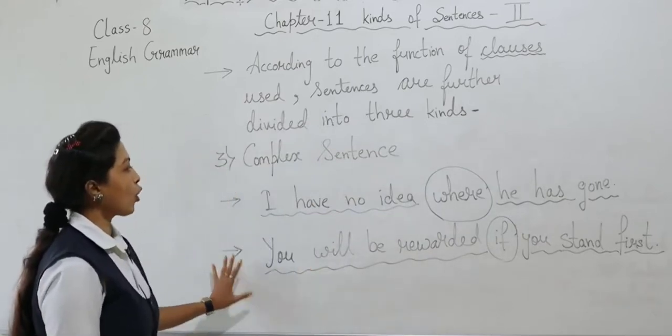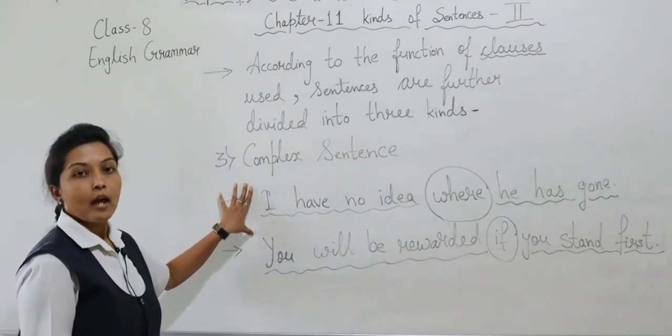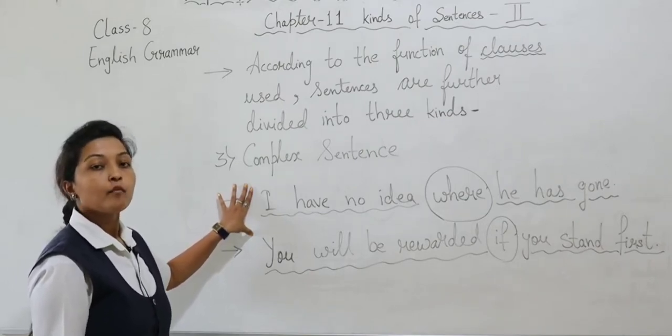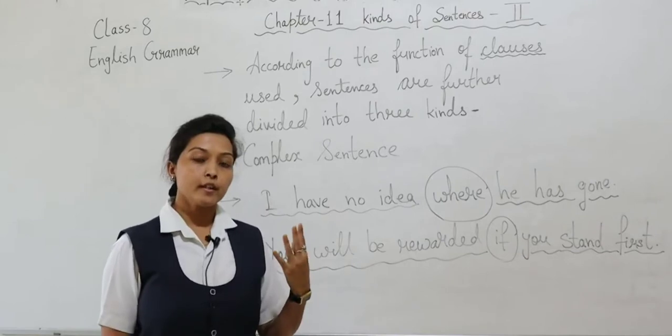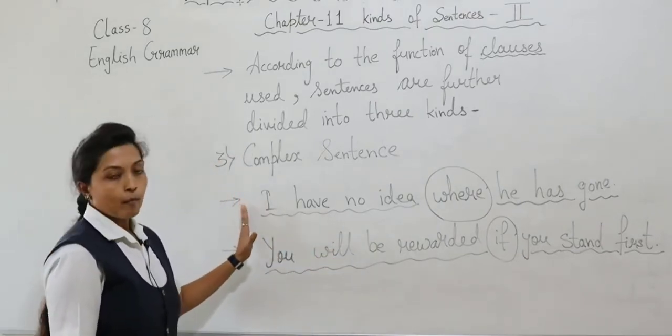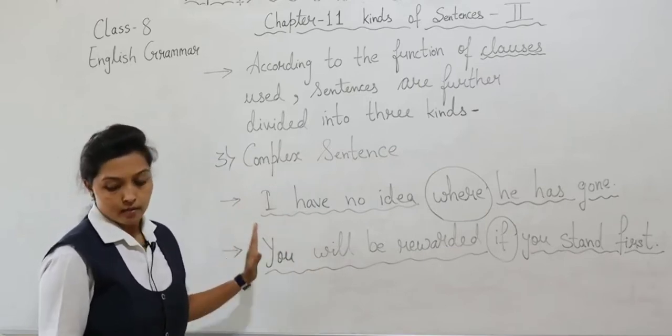So a complex sentence has one principal clause and one or more subordinate clauses.